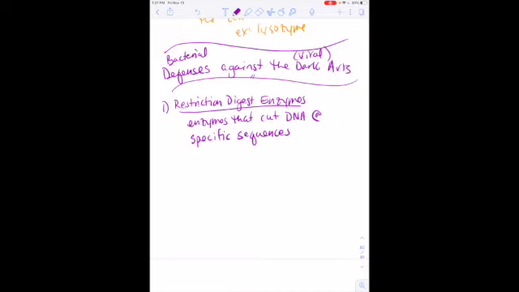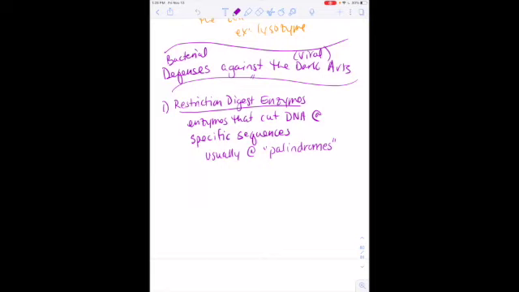And they usually cut at spots that are sequences that are palindromes. If you know what the word palindrome is, then you can probably guess what I'm talking about.